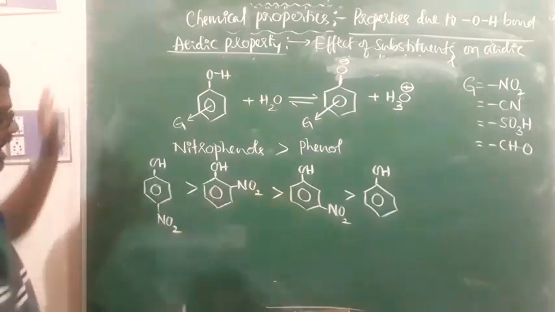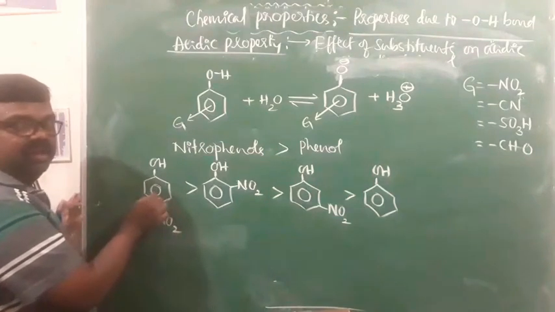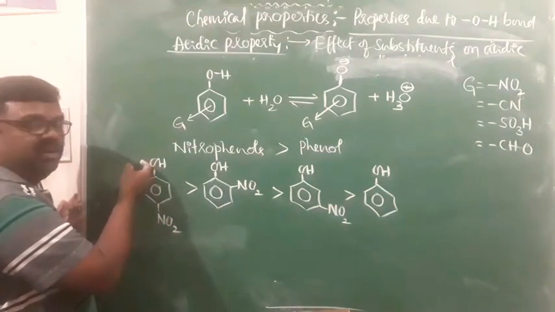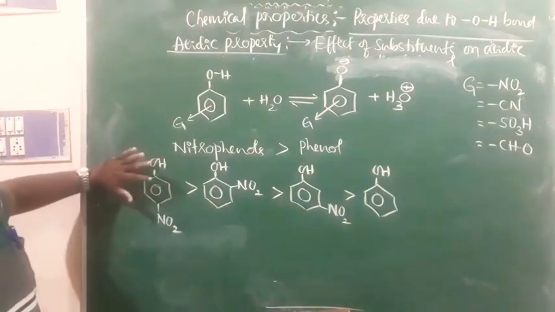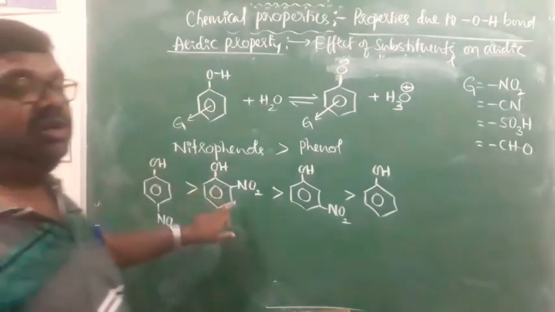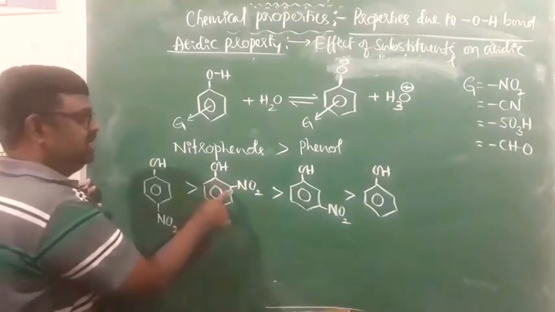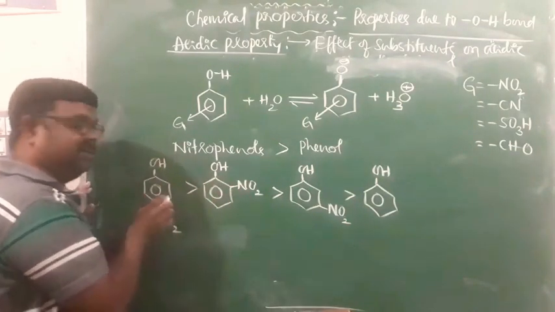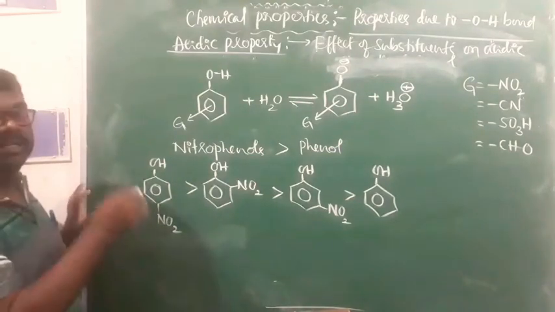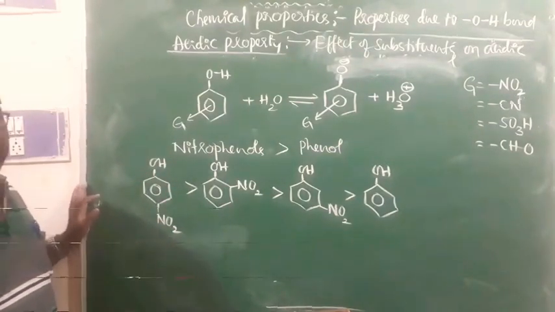When the nitro group is at the para position, the extent of delocalization of electron pairs is maximum, and that's why para-nitrophenol is more acidic than ortho-nitrophenol. Here also there is delocalization of electron pairs, but at the para position the extent is maximum.